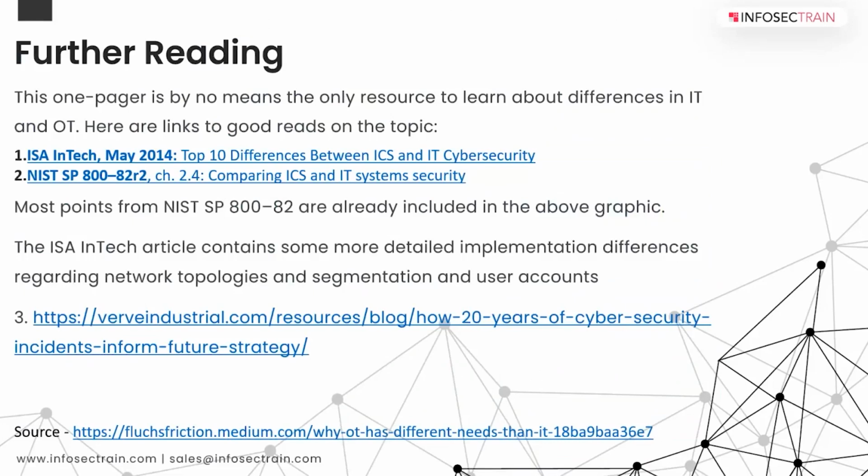So if you want to know further, probably you can take a look here. This is something interesting. Whatever is mentioned in these two are basically covered in the one pager that was shared in the previous slide, and this is something that you can take a look at. This is a very interesting article, and this was the source for the one pager as well.